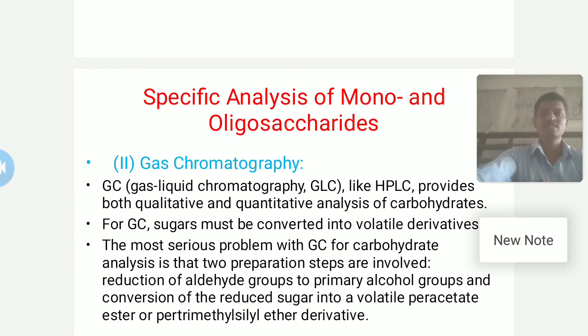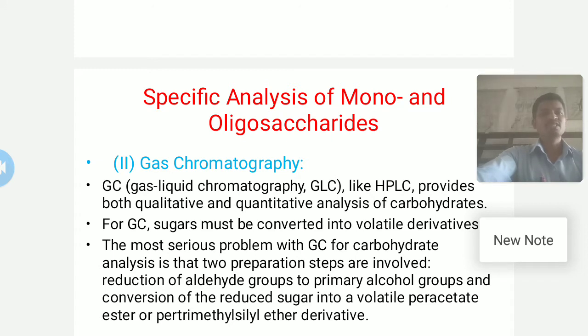This is the main principle of gas chromatography: the sample must be either in gas phase or converted into gas or vapors at the column temperature. It means we have to convert these mono and oligosaccharides by derivatization, and those derivatives are volatile derivatives.